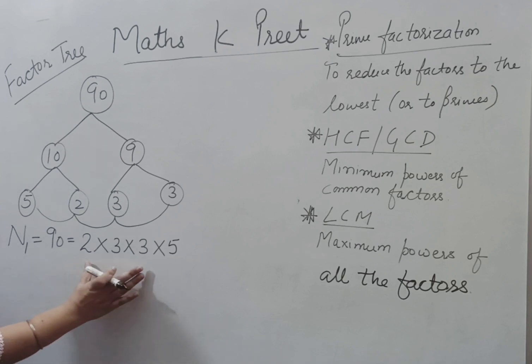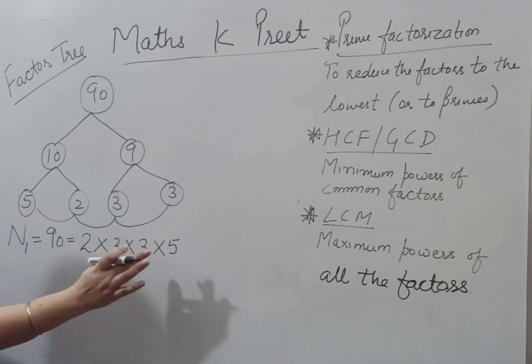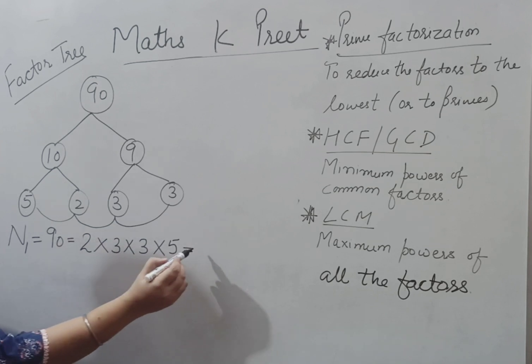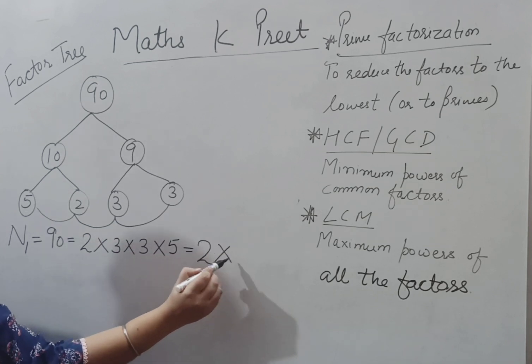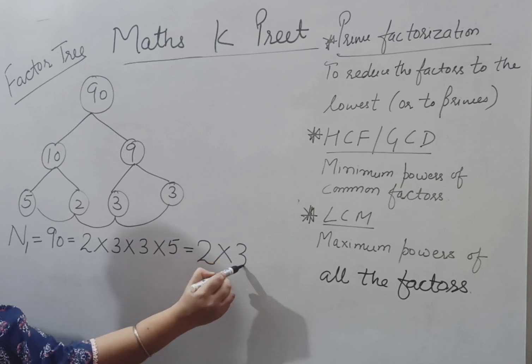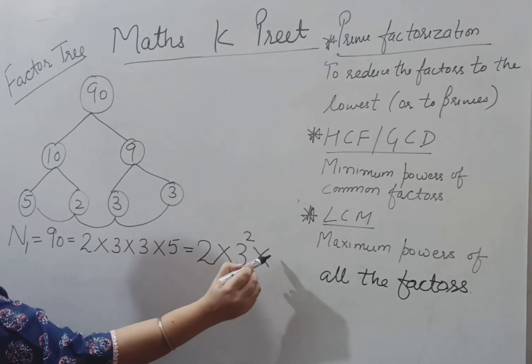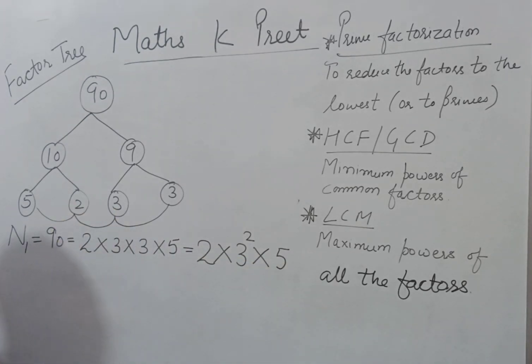This is the prime factorization because all the factors are prime. In terms of power, we can write it as 2 times 3 square, 3 into 3 will be 3 square, into 5. So this is the first method to do the prime factorization of a number.